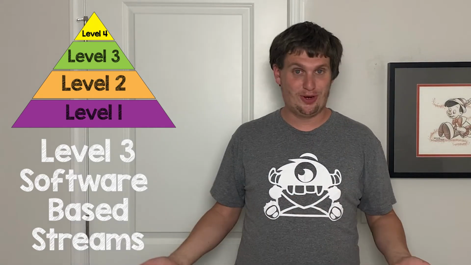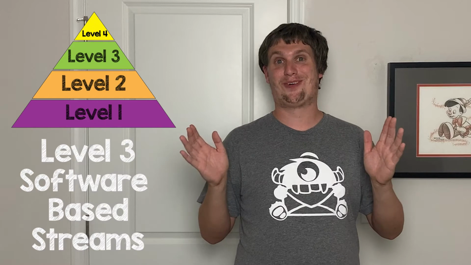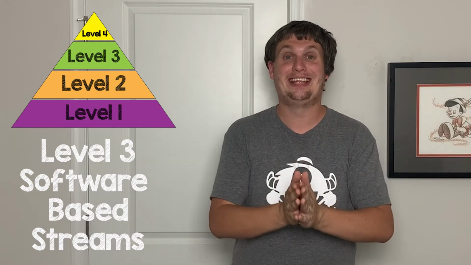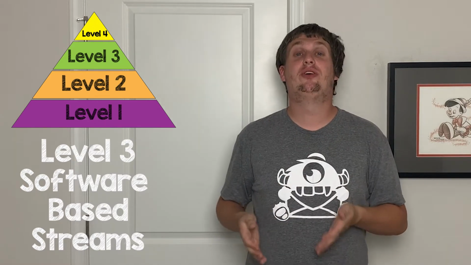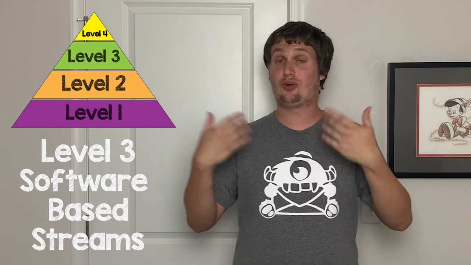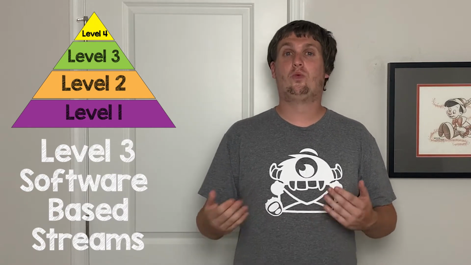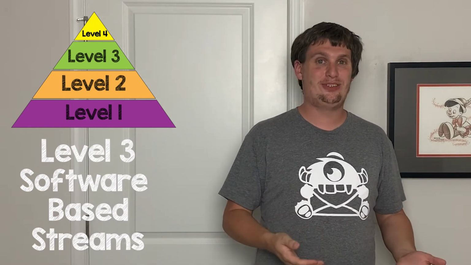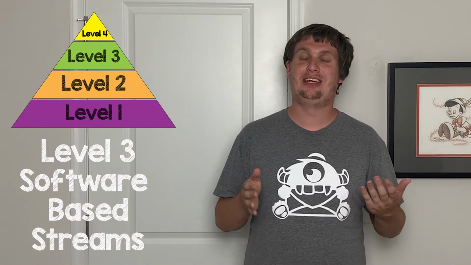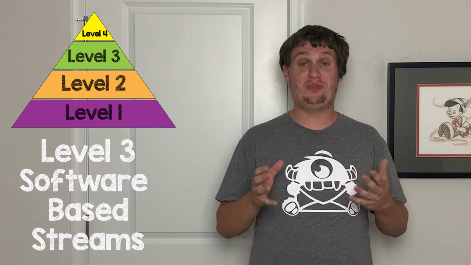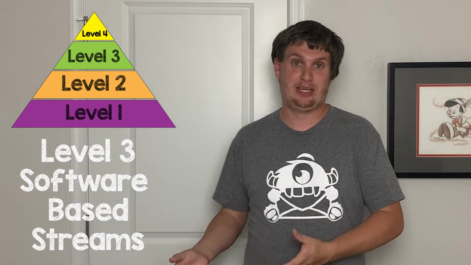Now, if you don't know what RTMP is, don't worry, you don't need to understand that part of it. All you need to know is you're going to get a much higher quality in a level 3 when using a level 3 software versus not using a level 3 and having it driven by a browser-based application.